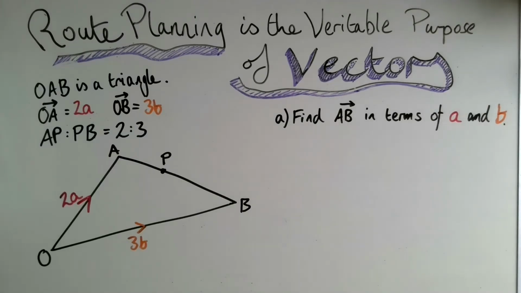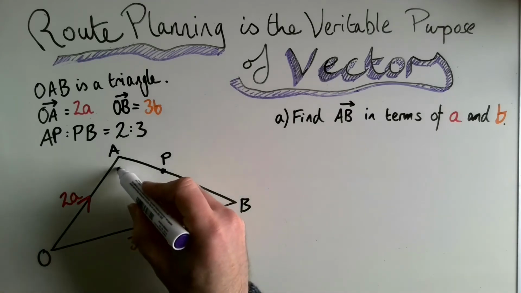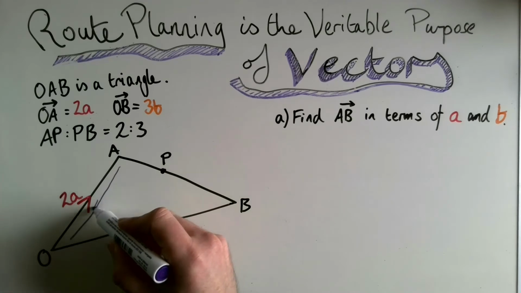Right, so here's the whole setup and the first part of your next question. So take your time, jot it all down, and pause the video and have a little go. Right, we just want to go from A to B. So going from A to B means I'm going to be doing that, doesn't it?